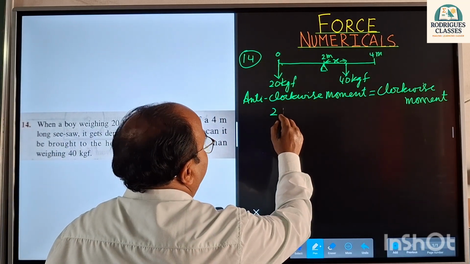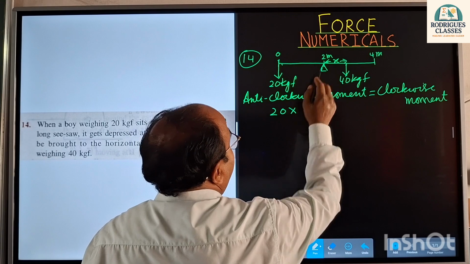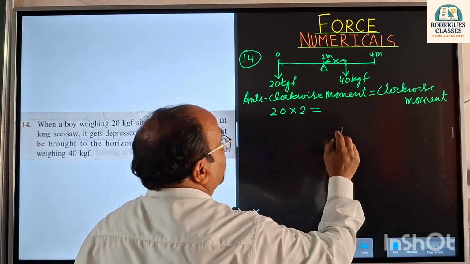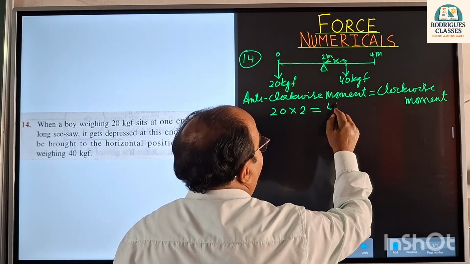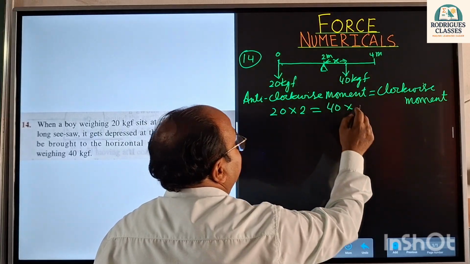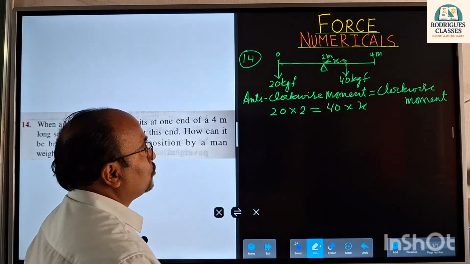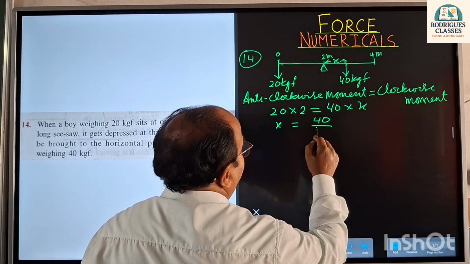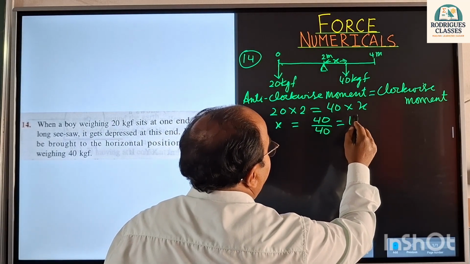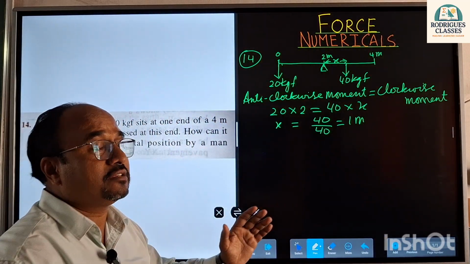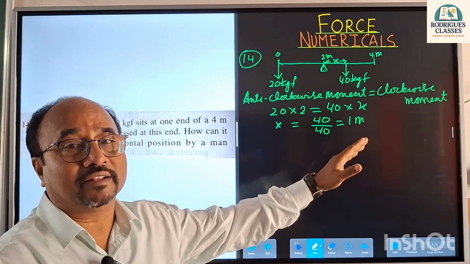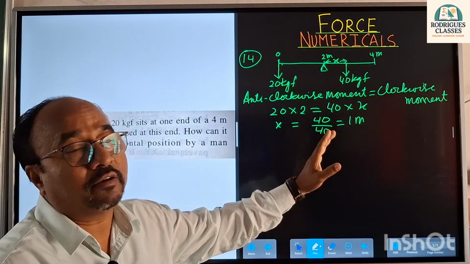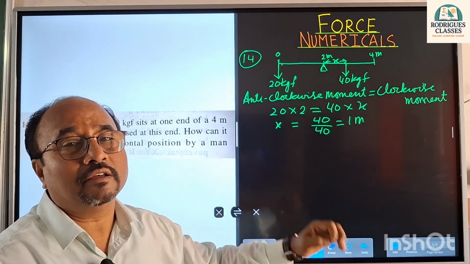So the weight is 20 kgf multiplied with distance 2 meter is equal to the man weight 40 kgf and he is at a distance x we have taken. So x will come as 20 into 2 is 40 by 40. So that comes as 1 meter.